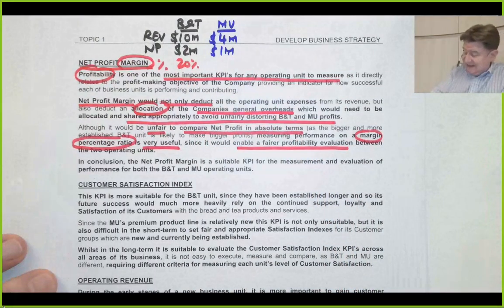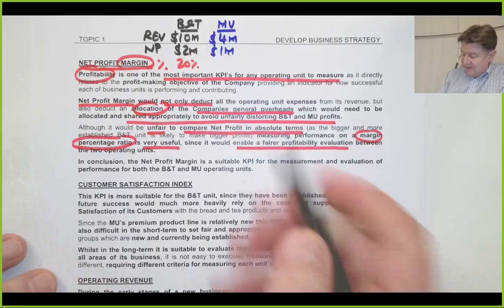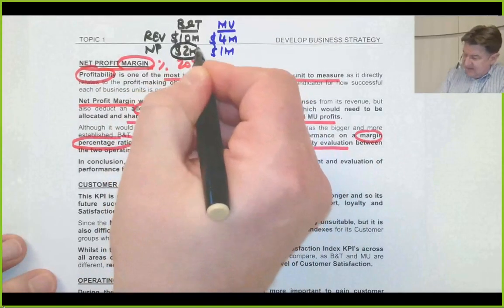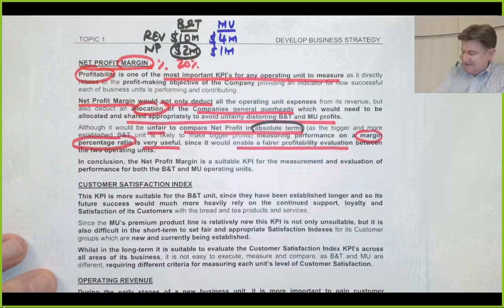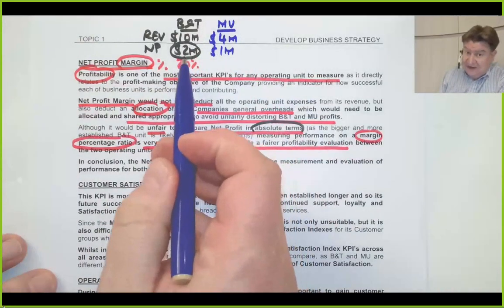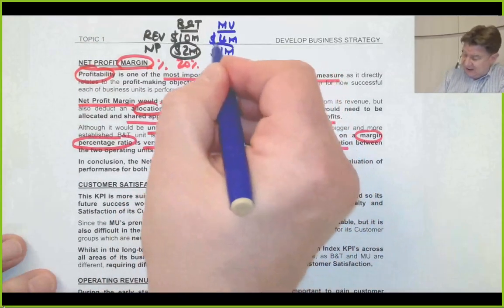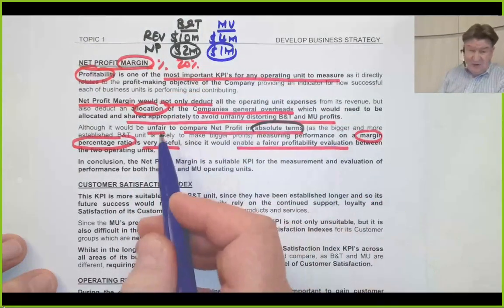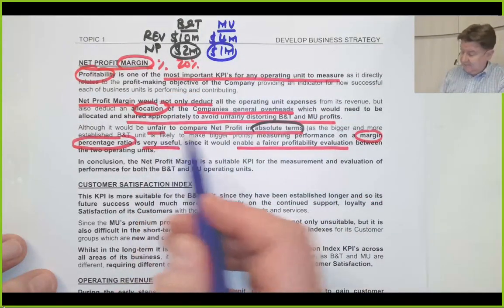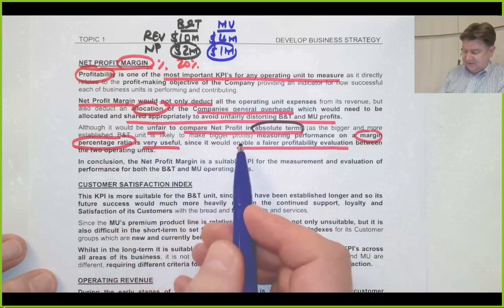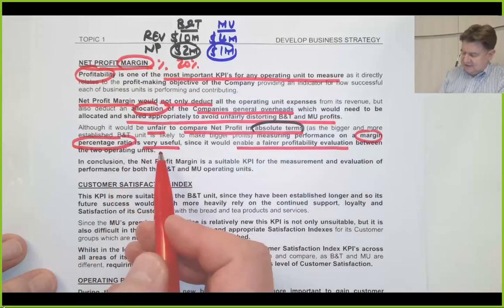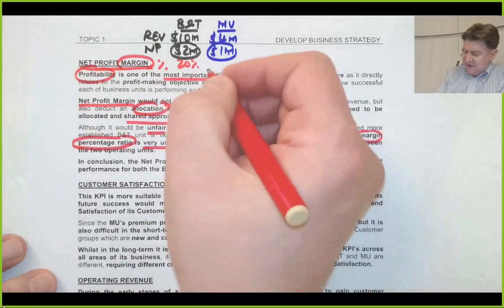You can see that in absolute terms, it would look like the bread and tea is doing a better job: 2 million versus only 1 million. So in absolute terms, it's unfair to compare, as bigger units make bigger profits. What's good is that using a margin enables a fairer comparison.